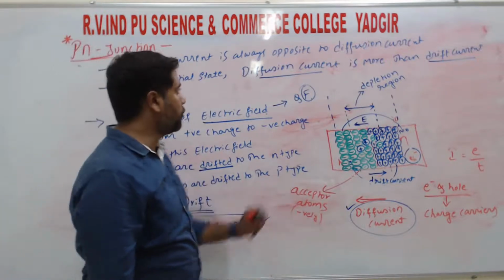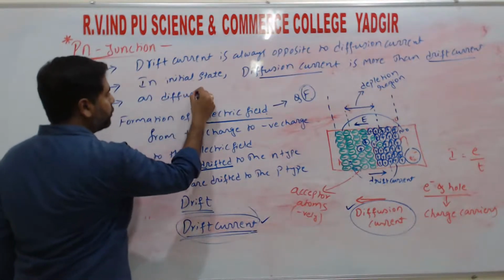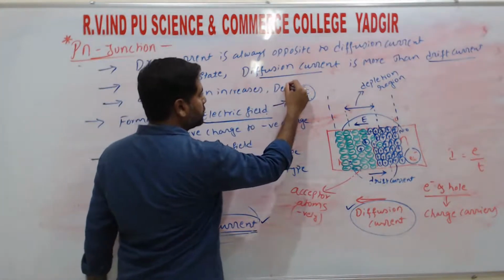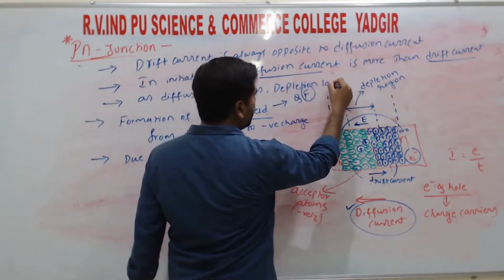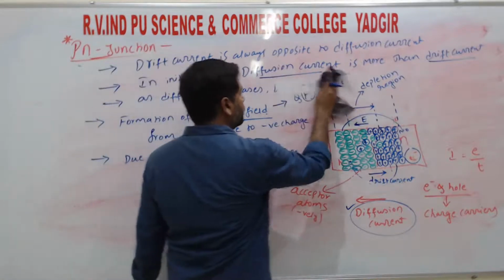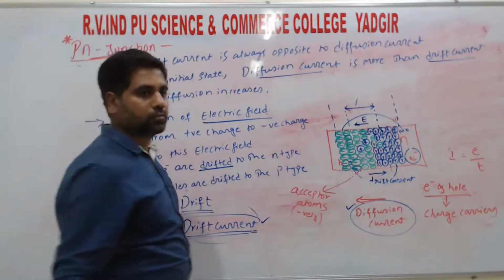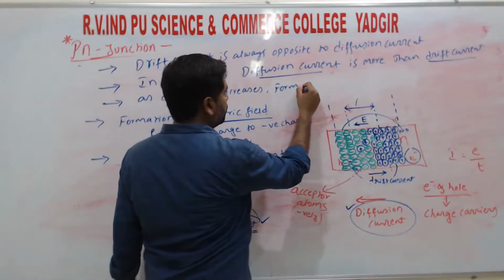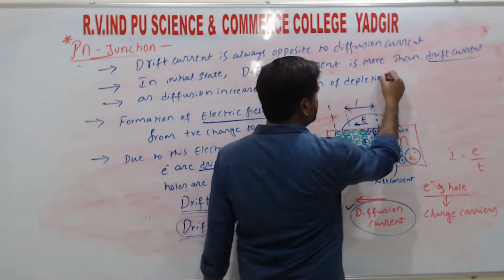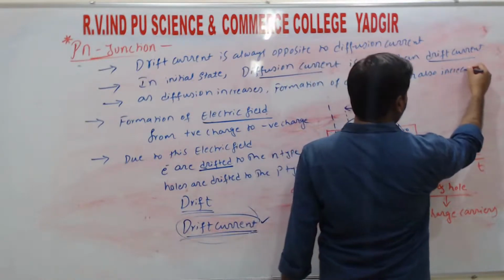Right? So as diffusion increases, the formation of the depletion layer also increases.